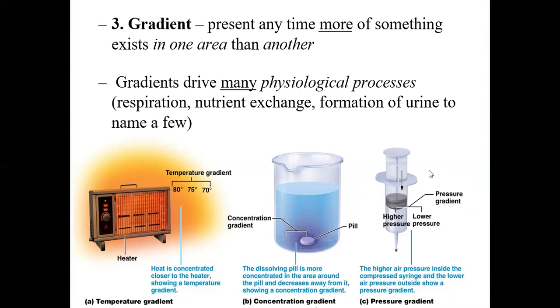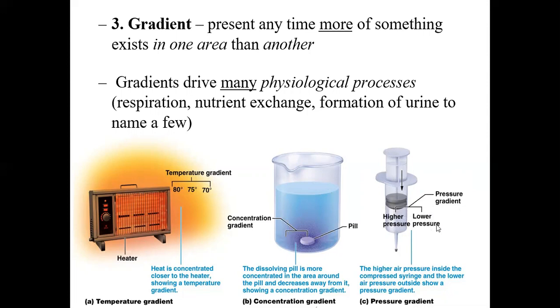You can also have a pressure gradient. Generally, things want to move from high pressure to low pressure. Fluids move that way, gases move that way. And so in this case, there's high pressure inside the syringe. You've got a little picture of a syringe there. By pushing and creating high pressure as you're pushing on the syringe, there's high pressure inside and low pressure outside.